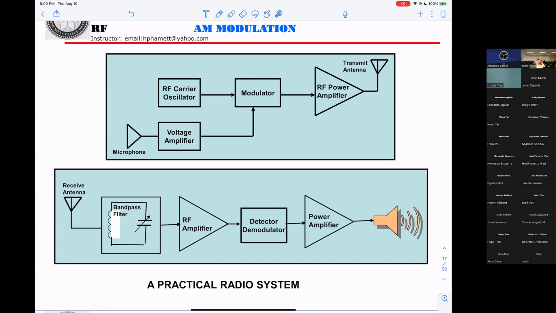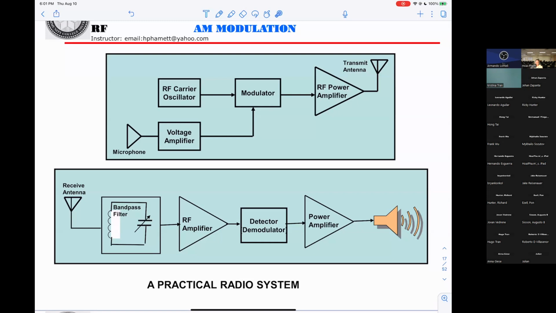So you have to memorize this block diagram. Okay, then we can see for the transmitter, the RF carrier oscillator output and your voice output go to the circuitry that we call a modulator. And after the modulator combines the carrier and your voice, the signal comes out.